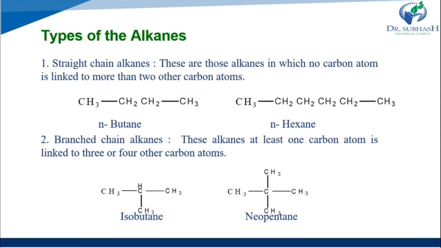Now the types of alkane. There are mainly two types of alkane: the first is straight chain alkane, and the second is branch chain alkane. Straight chain alkanes are those in which no carbon atom is linked to more than two other carbon atoms.